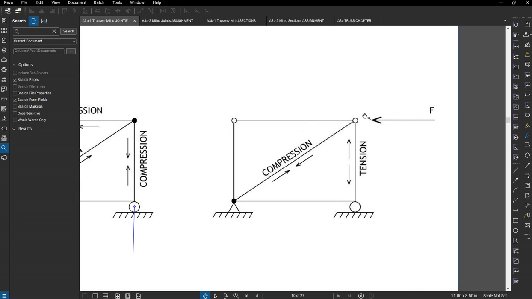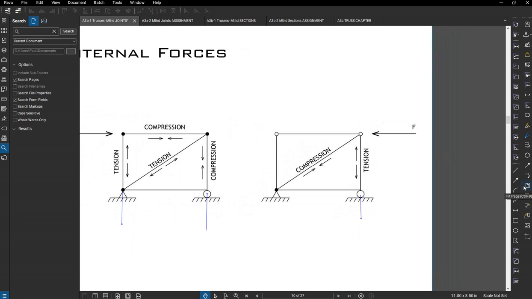These two members are zero force members, but then this horizontal force gets resisted by a compression pushing back against it this way, and then the rotation is resisted by a downward tension at the reaction point. All right, hopefully that helps you get kind of a feel for things.